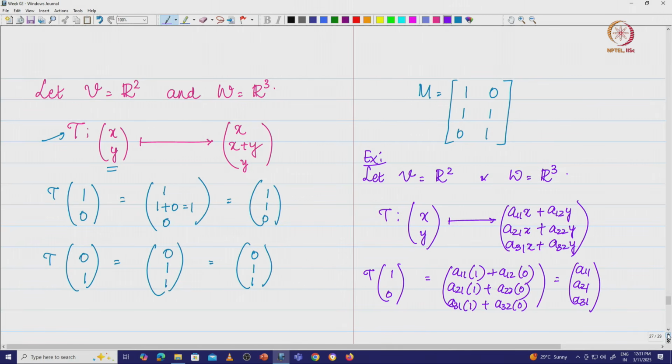Say for example, W is R3, a 3 dimensional vector space; therefore, I definitely need 3 linearly independent vectors which would span the entire R3. Now, any basis in R2 will have only 2 linearly independent vectors.